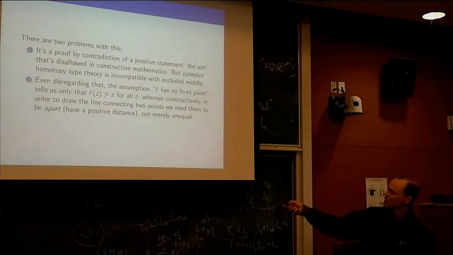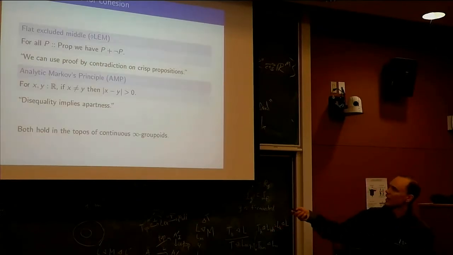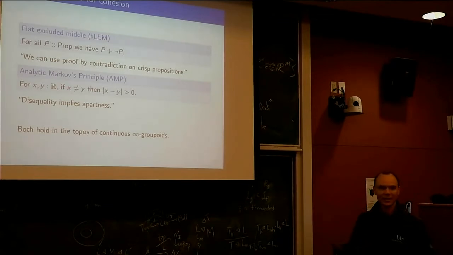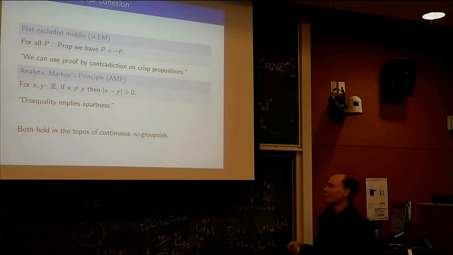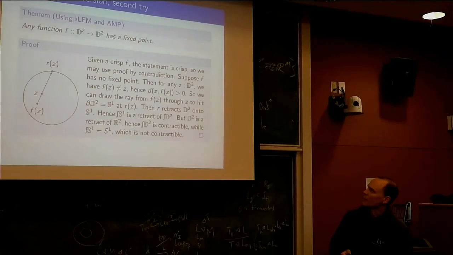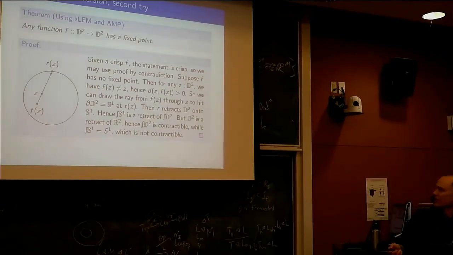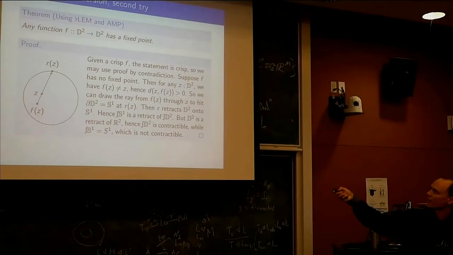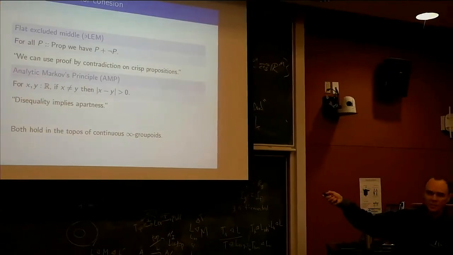And then we deal with this other thing also by fiat. We just suppose that inequality and apartness are the same. And as David pointed out, it's true in this particular model that these are actually the same, although in general, constructively they're not. And so with that slight fix, this does work. So we use this flat that's in the middle, and I call this the analytic Markov's principle.